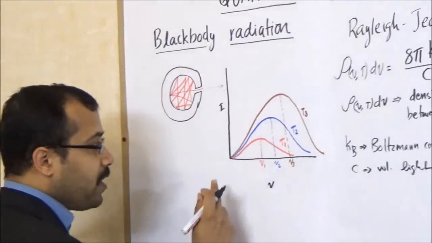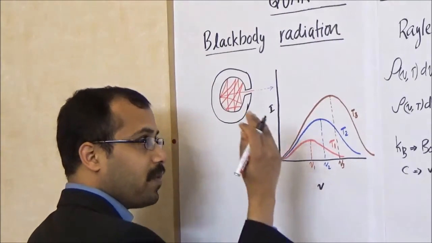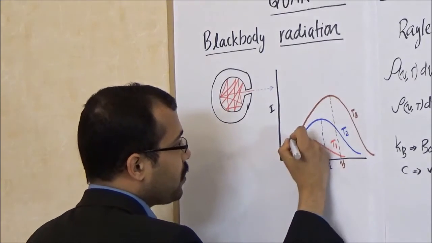And if we plot the intensity versus frequency from the Rayleigh-Jeans law, the plot will be like this dotted line.